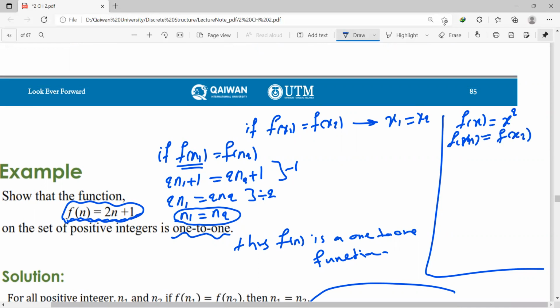So we must show that x1 equals x2 if that's one-to-one. What's f of x1? We get x1 squared equals x2 squared. Taking square root of both sides, we get x1 equals plus or minus x2. Are these two equal? No.